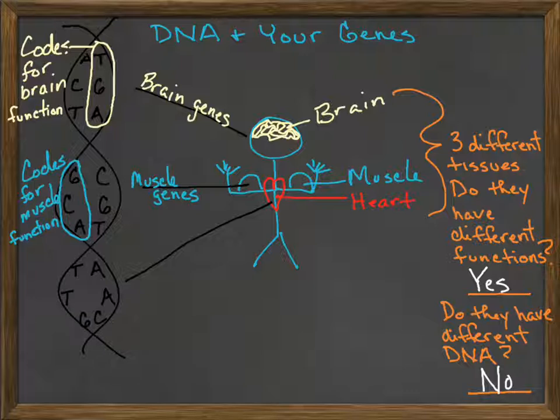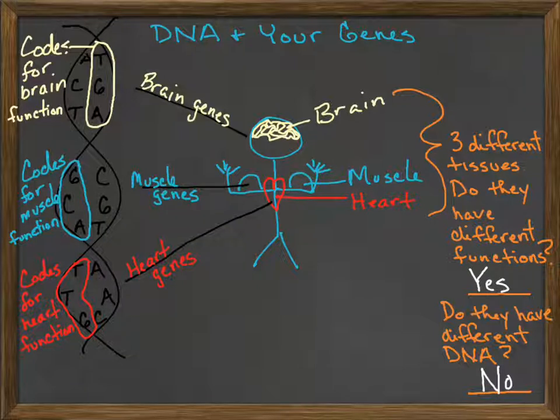Your body knows exactly what genes to turn on and off to get your muscles to function exactly the way they need to function. And then there are some genes on your DNA that, depending on how they are turned on and off, in what order and at what time, code for heart function. I could go on and do this with every different cell in your body. All of your genes are on your DNA.